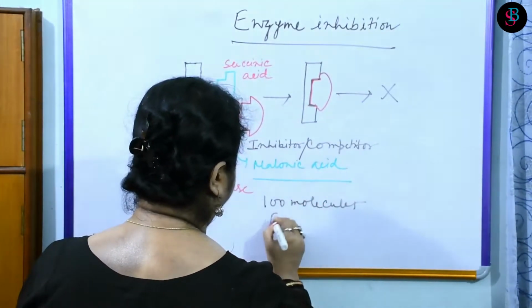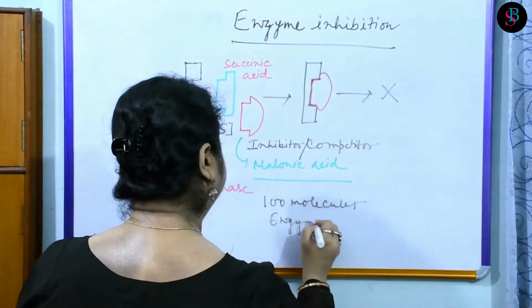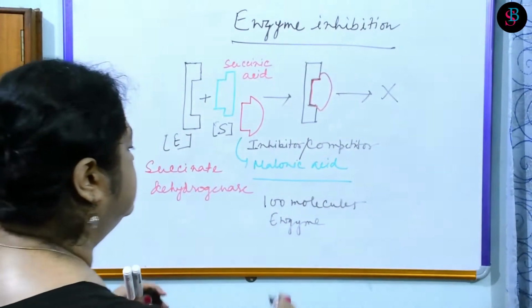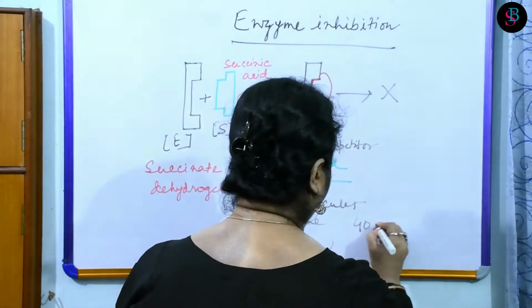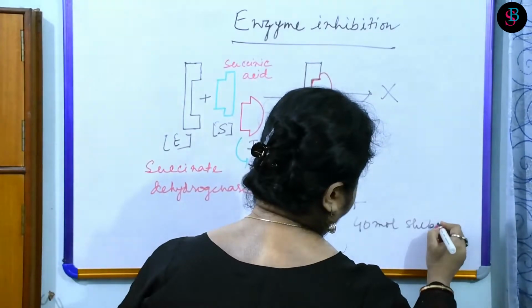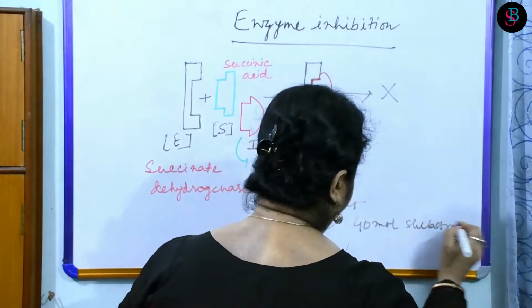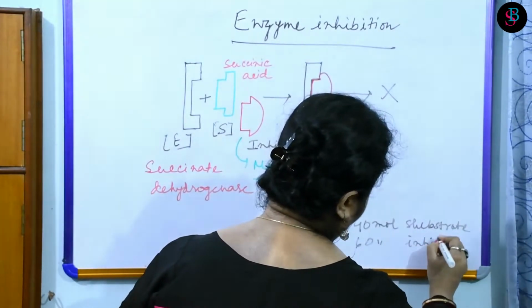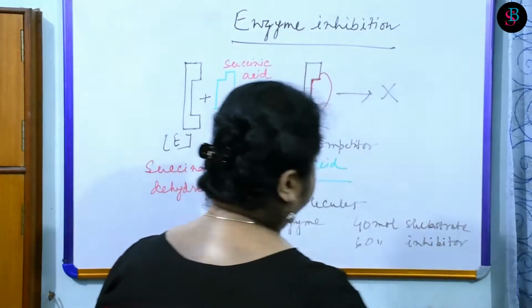इतना enzyme है, enzyme molecule है, और substrate is 40 molecules and 60 molecules inhibitor. तो क्या होगा?